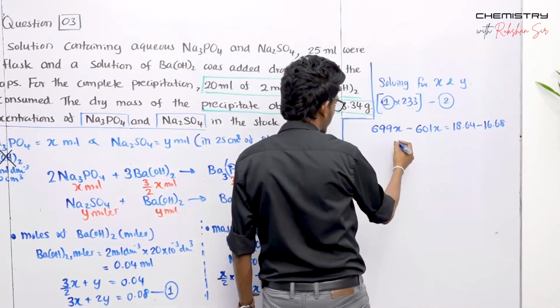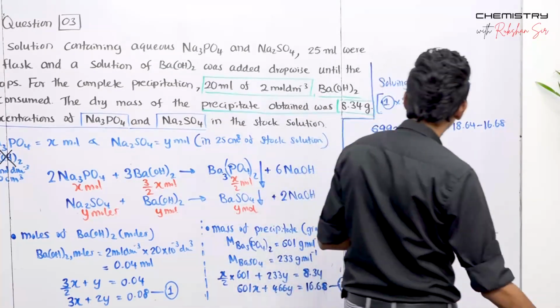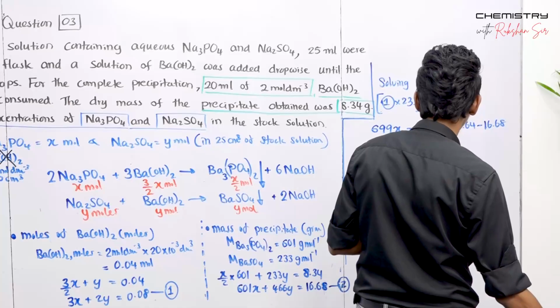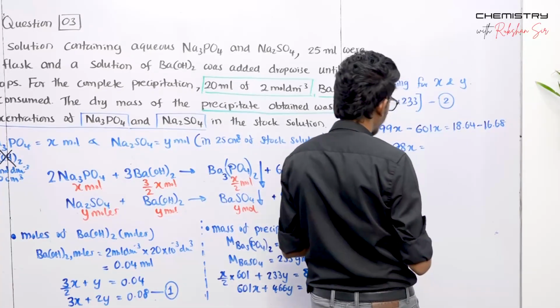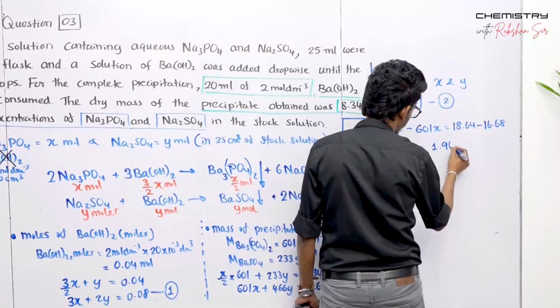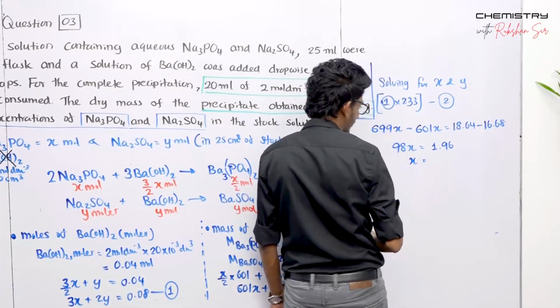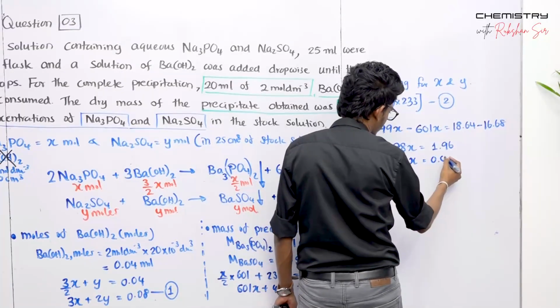So this will give you 98x is equal to this value, 1.96. So x is going to be equal to 0.02.